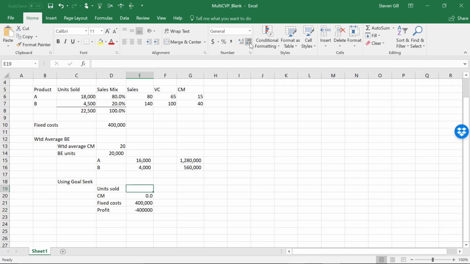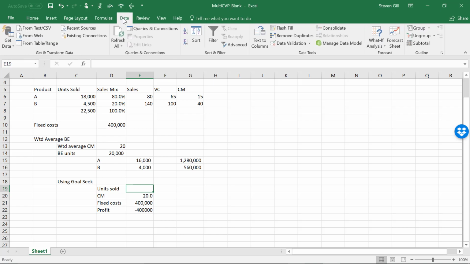And we need to figure out how many units we're going to sell in order to make our profit 0. So you can see I've set up contribution margin to be whatever our contribution margin is. Apparently I have it in the wrong cell. There we go. Okay, so now how many units do I need to sell?